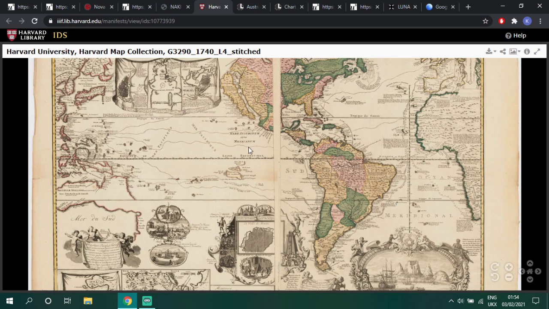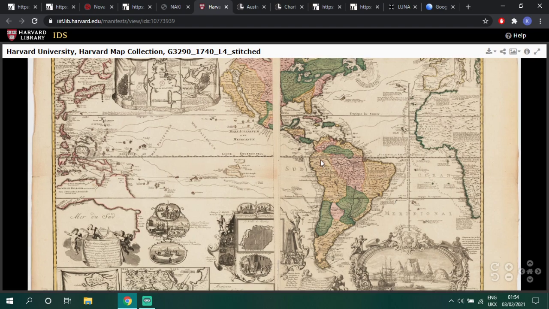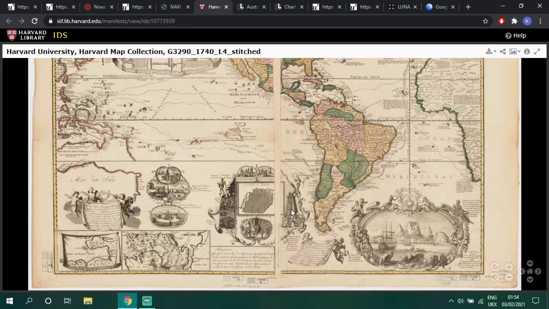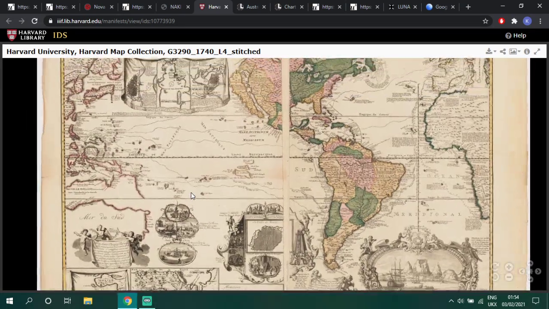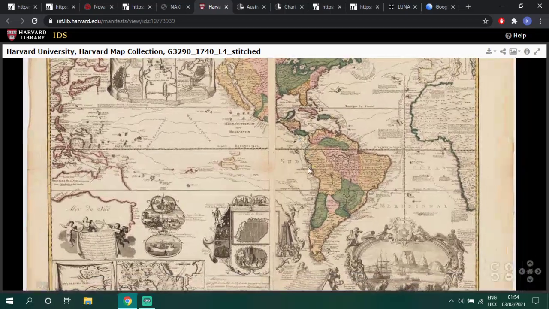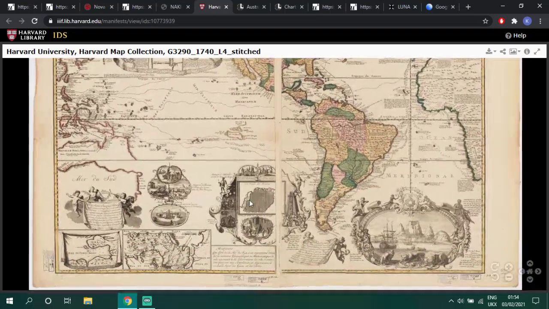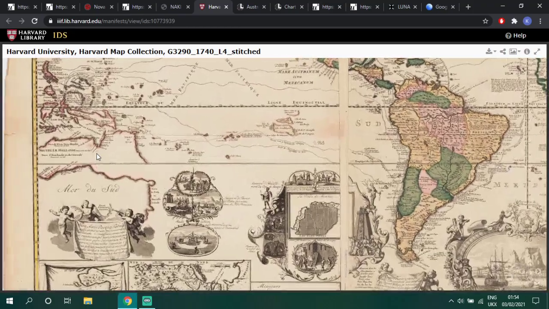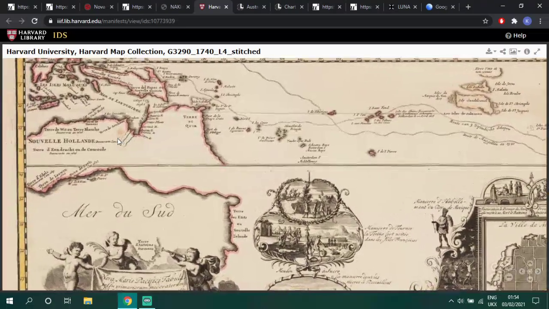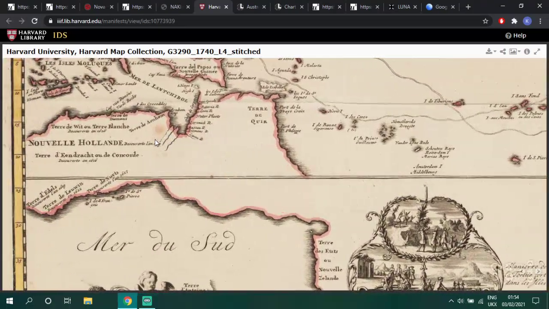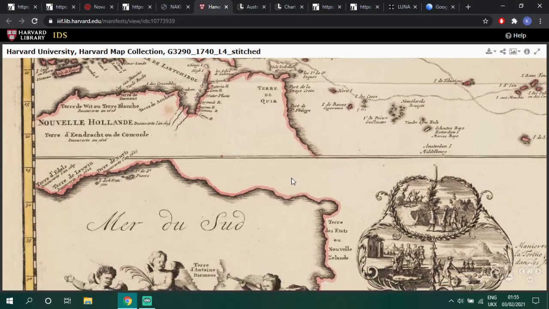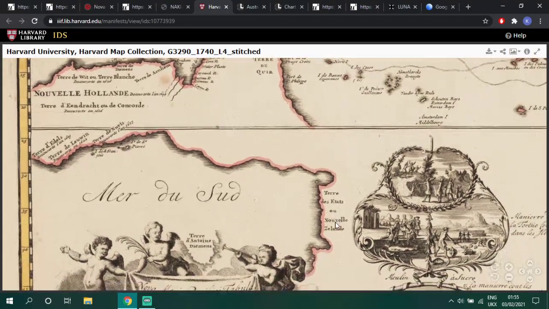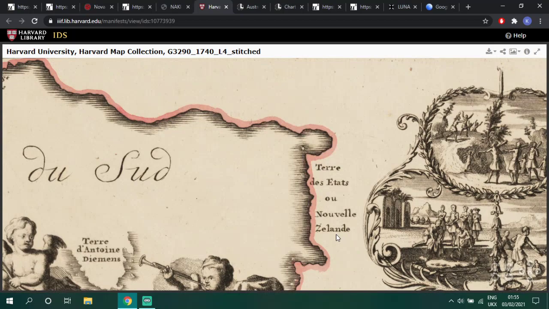So that's the 1740 map, which has been stitched together, and there's a lot of information on this one too. We are focusing on Australia and a little bit on Antarctica still. So again, we see the same thing. This one, on the other hand, suggests that the land is much bigger and potentially connected to New Zealand.